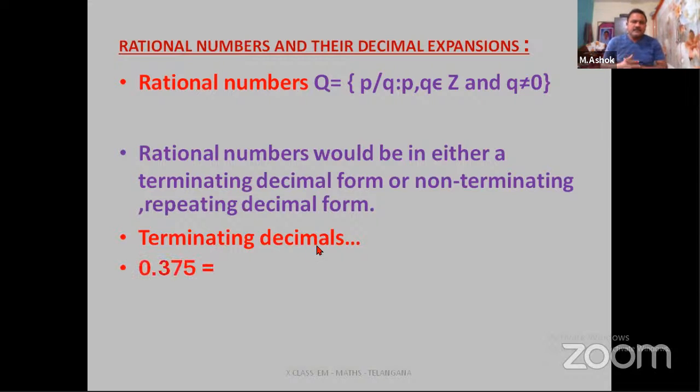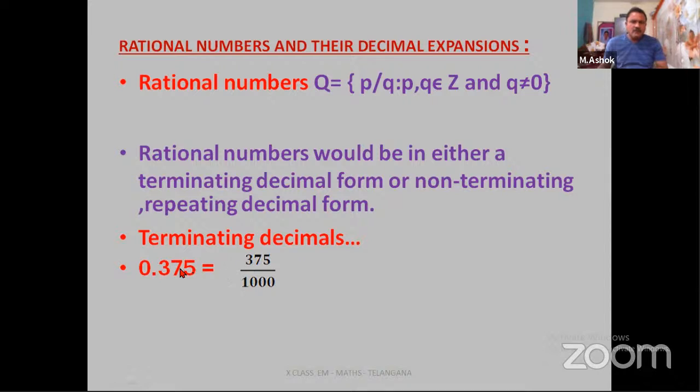Now first of all we will look into terminating decimals. I am taking 0.375, a terminating decimal. Look at these few examples. After the examples, our conclusion will be a theorem. Okay, 0.375 can be written as 375 by 1000.